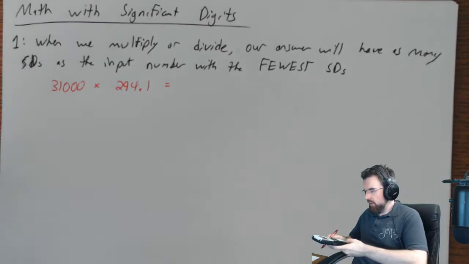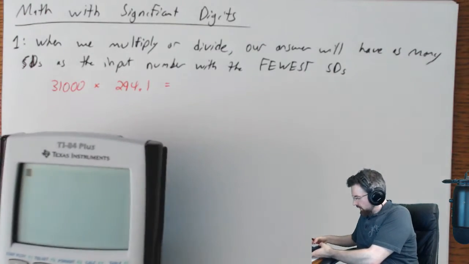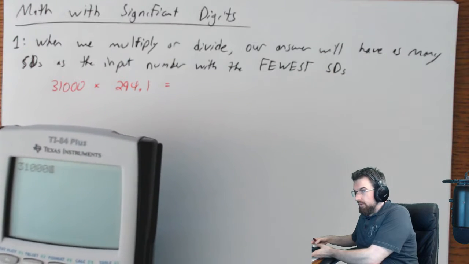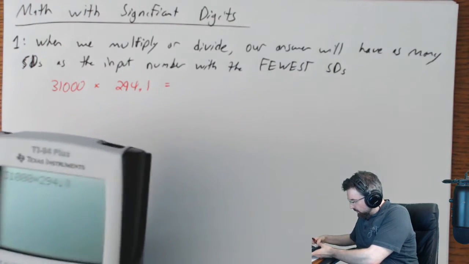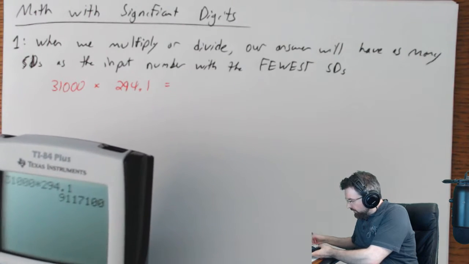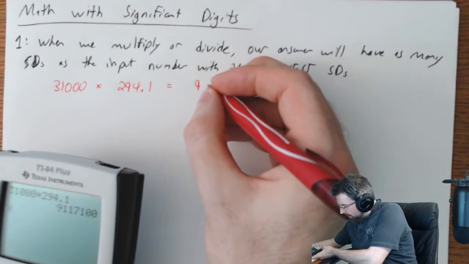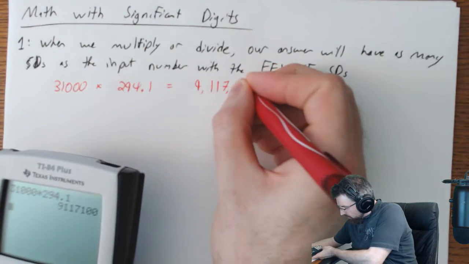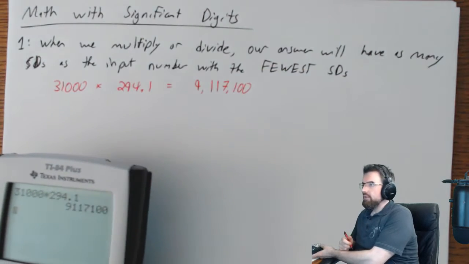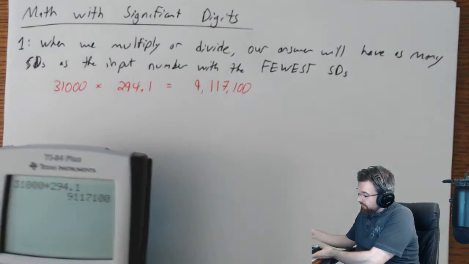What we'll do, we'll grab our calculator. 31,000 times 294.1. We're going to end up with this answer here. 9,017,100. Right? But is that our answer? No. No, it's not.